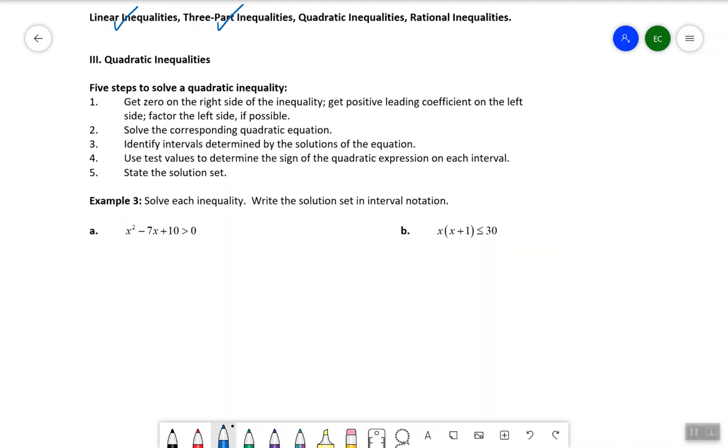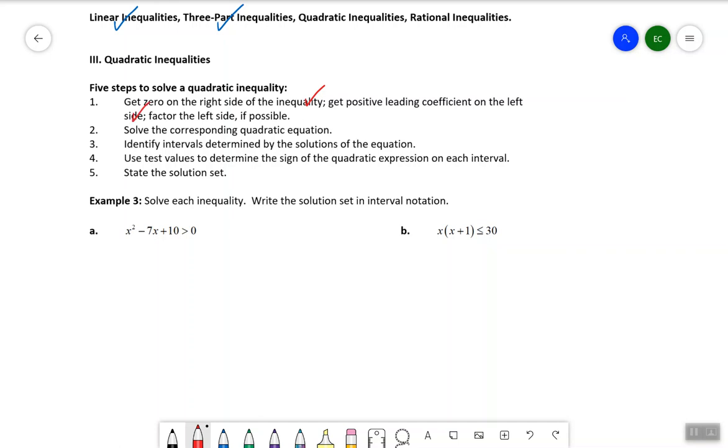Okay, so step 1 just says get 0 on the right side of the inequality, and look, we've already got that, so we can just check that off. And then get a positive leading coefficient on the left side. The leading coefficient, remember, is the coefficient on x squared, and that's a positive 1. So we have a positive coefficient.